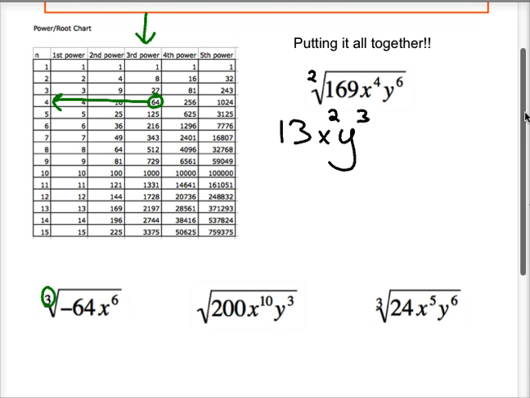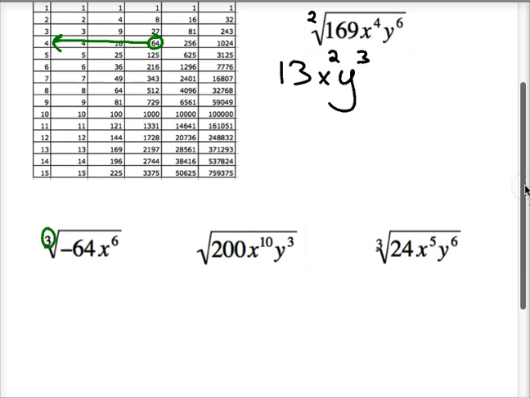It is actually a negative 64. Because I was able to find that number, the 64 does become a 4. But because it was a negative, that comes out as a negative 4. So remember, it's always really nice when we can actually find the number in the table.